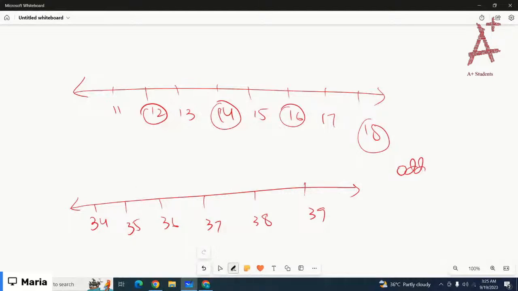They are 35, 37, and 39, right? So the odd numbers are 35, 37, and 39. So the basic thing is even and odd numbers, right? And you already know the number line. So you have to select the even and odd numbers on the number line, right? Okay, the next lesson is which even or odd number comes before or after?